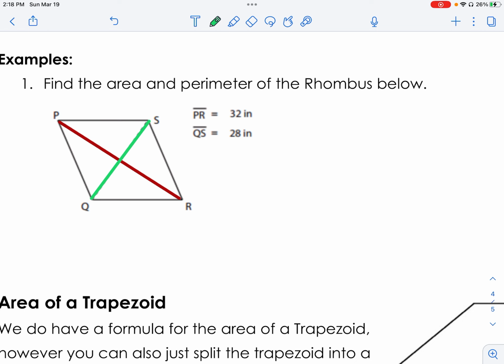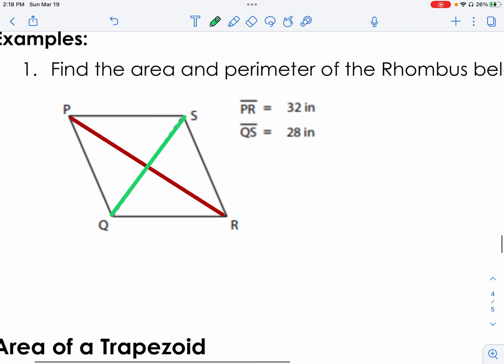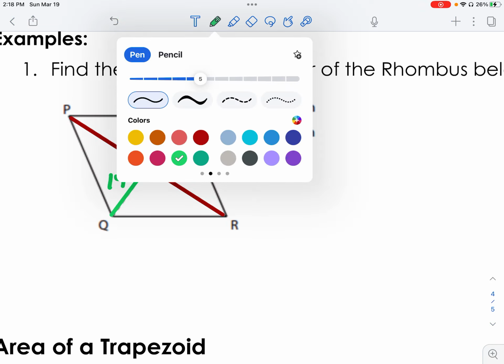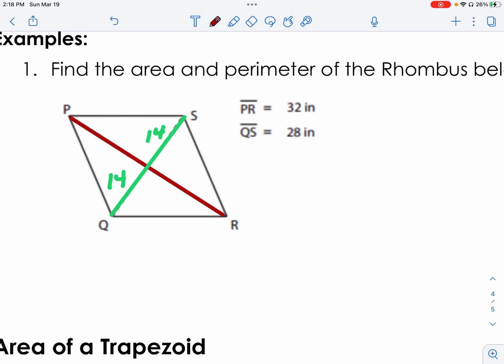So with a rhombus, these diagonals bisect each other. So if the whole QS green line was 28, I know that when bisected, 28 divided by 2 is 14. I also know that my red line PR gets bisected, and those are both 16.